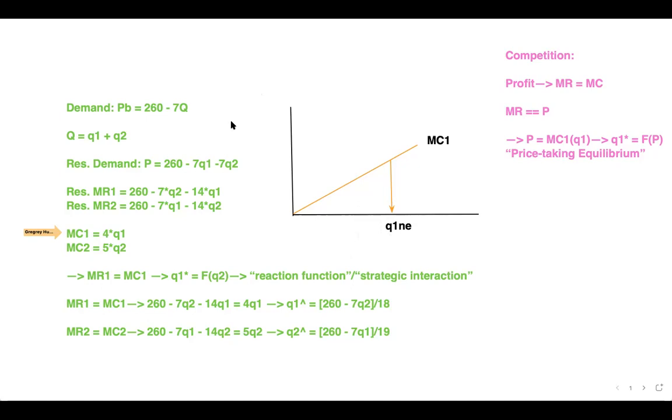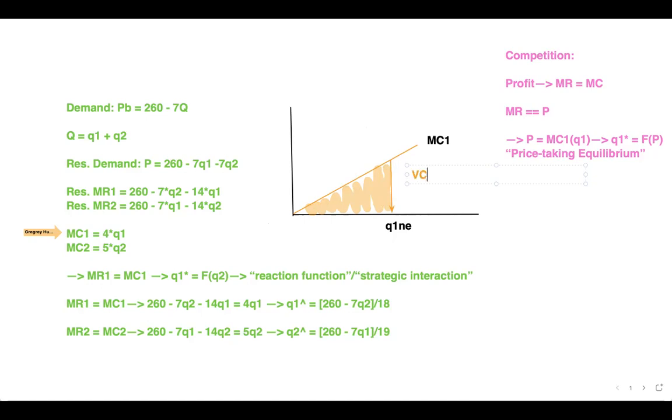Variable cost is just the area, or the integral, if you want to use calculus, that's fine. But the variable cost is the area beneath the marginal cost curve, right? And again, I don't know if that makes sense to you or not.